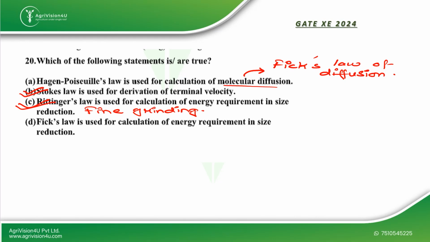They are basically used to model the diffusion process, not the energy calculations. So over here my correct statements are Stokes' law, which is used for derivation of terminal velocity, and next Rittinger's law, which is used for calculation of energy requirement in size reduction.